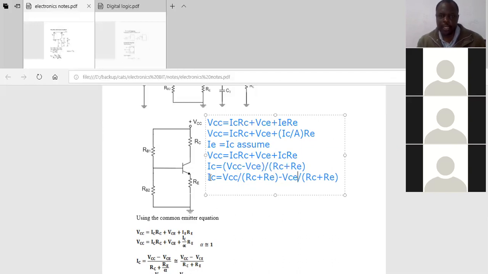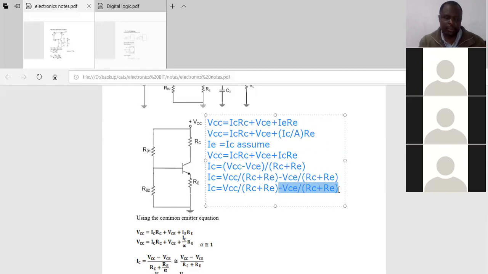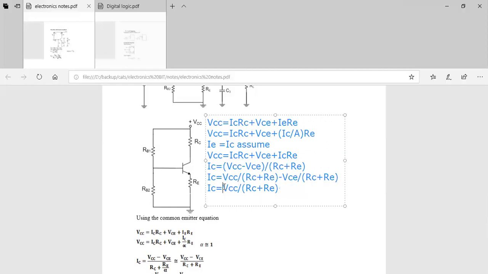What happens if I interchange this? In which case this appears at this point instead of the other side.